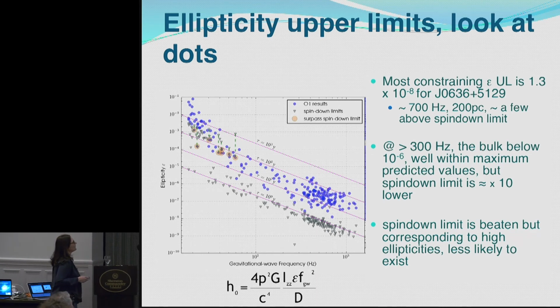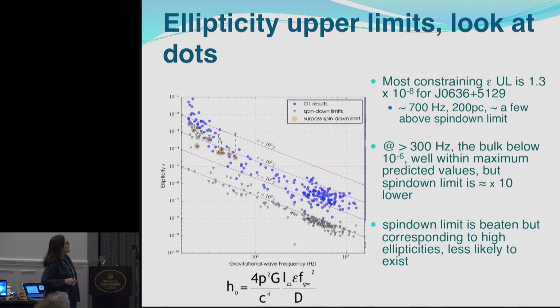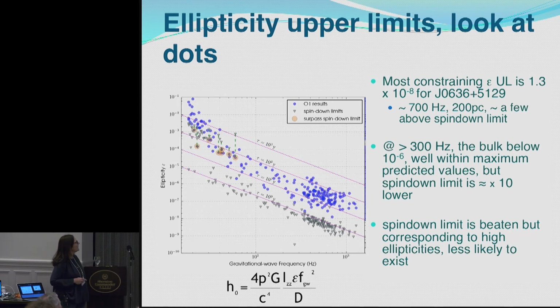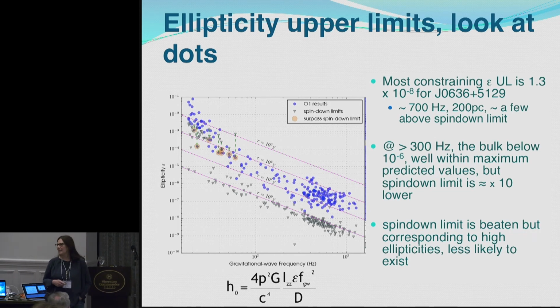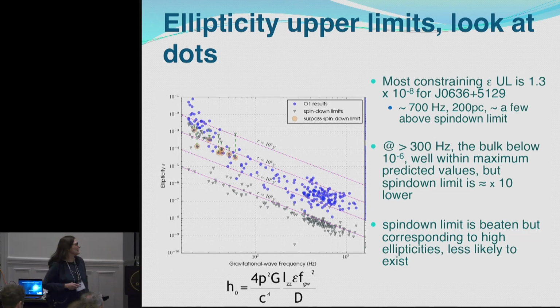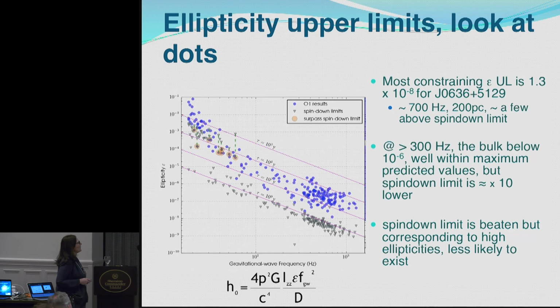And this is just what is done here with the same sort of markings. And so you can see here that the objects for which we beat the spin-down limit are also the objects that have the highest spin-down ellipticity. So unfortunately, these are not very interesting values per se of the ellipticity that we're constraining.